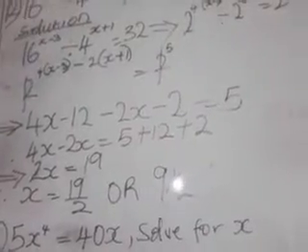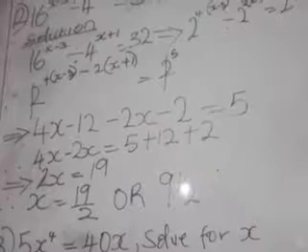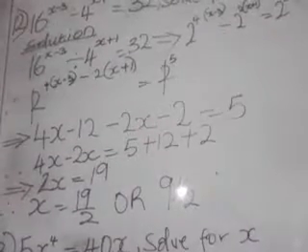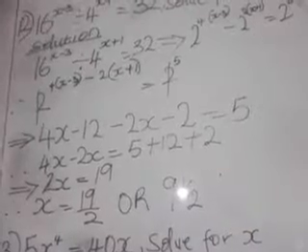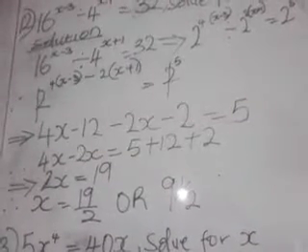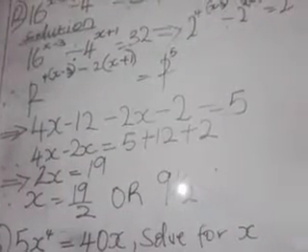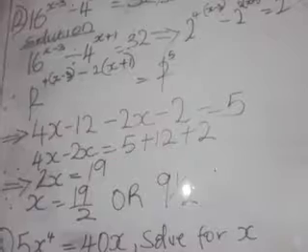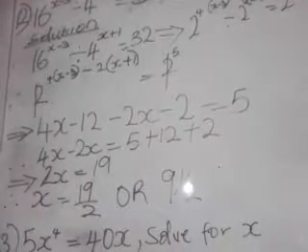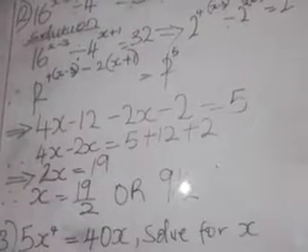So what we are going to have is 2 raised to power 4 bracket x minus 3, close the bracket, minus, because of division, 2 bracket x plus 1, close bracket, equal to 2 raised to power 5. I put this minus because of division.